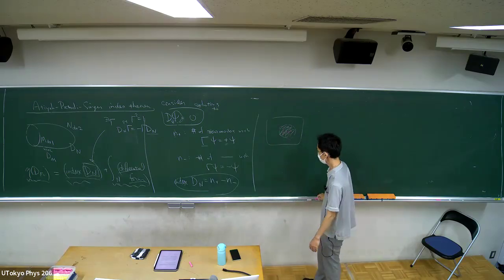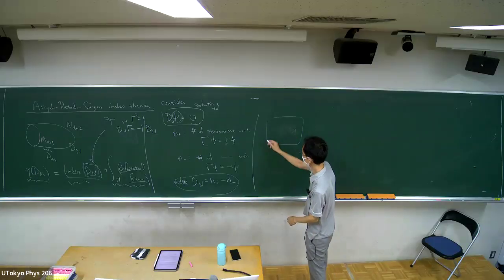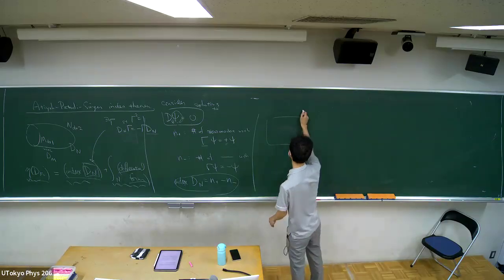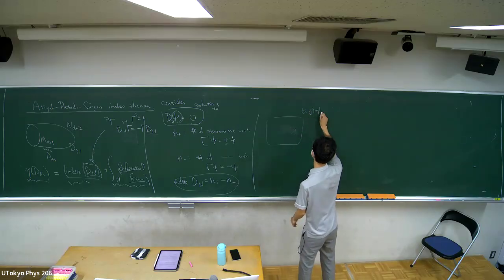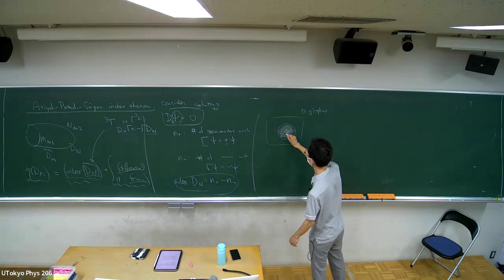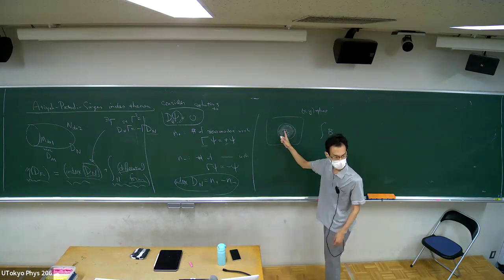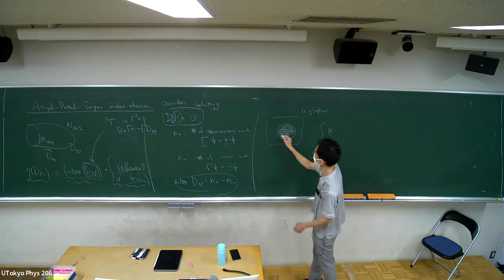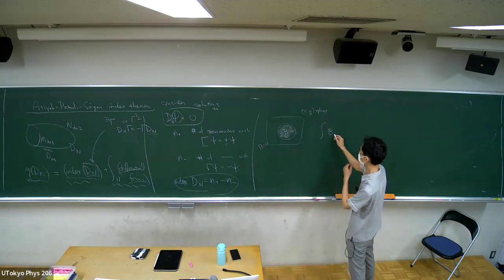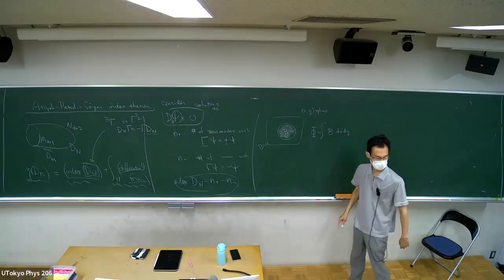Typically that computation is done by putting the system in a box with periodic boundary conditions. But instead, I can keep the XY plane infinitely large, with magnetic flux B just in a finite region. So B is non-zero in this area, but B is 0 in that area. Let's say the integral of B dx dy is phi, the magnetic flux.